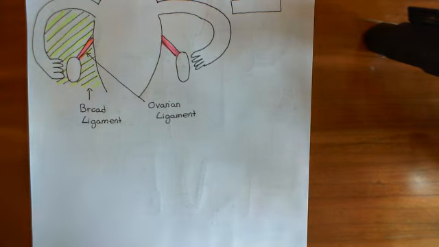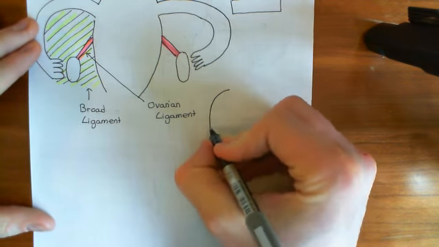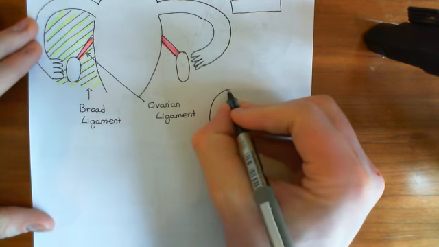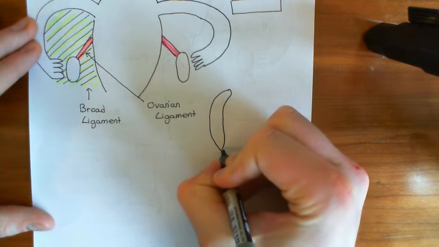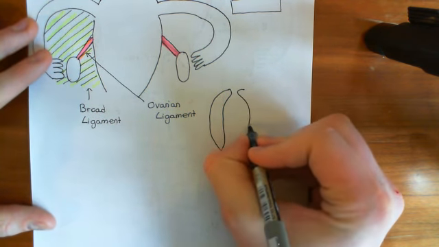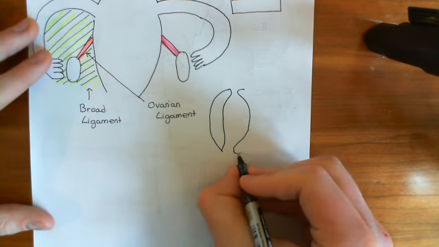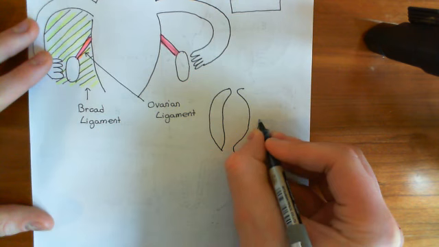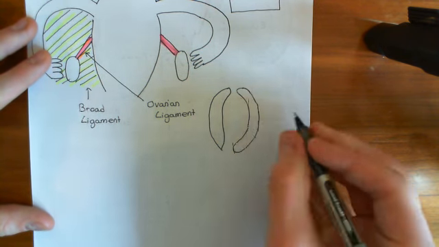Basically, let's just draw a little picture of this. If we draw the external female genitalia, there are these two sort of folds known as the labia majora. So one's here and another one on this side. The fibers of the round ligament will contribute to these cutaneous folds called the labia majora.